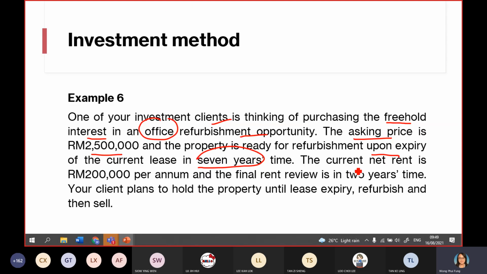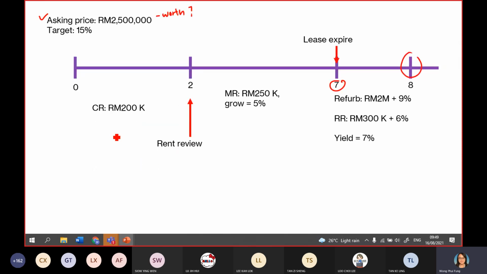Okay, the current net rent is 200,000 per annum, and the final rent review is in 2 years' time. Then go back to the chart. CR means current rental. Current rent 200,000, rent review at year 2 onwards.